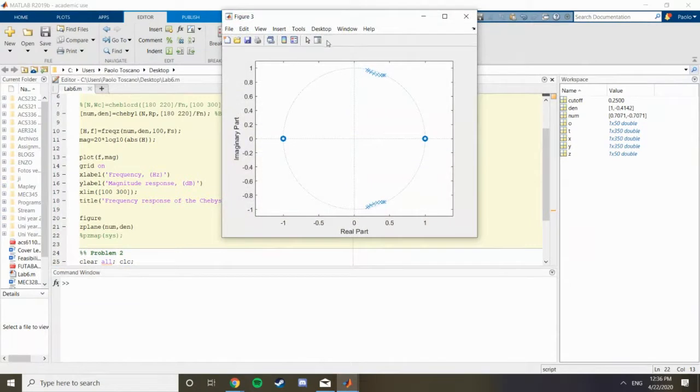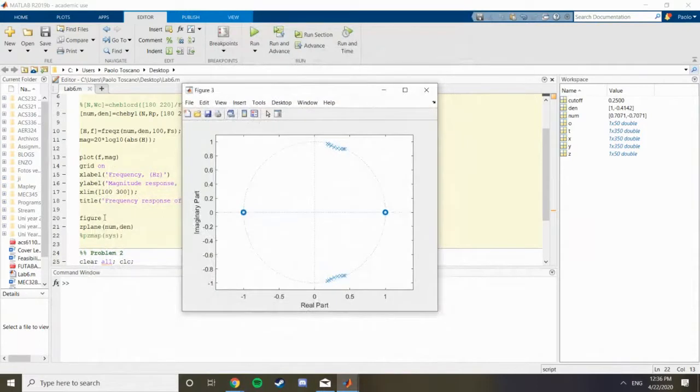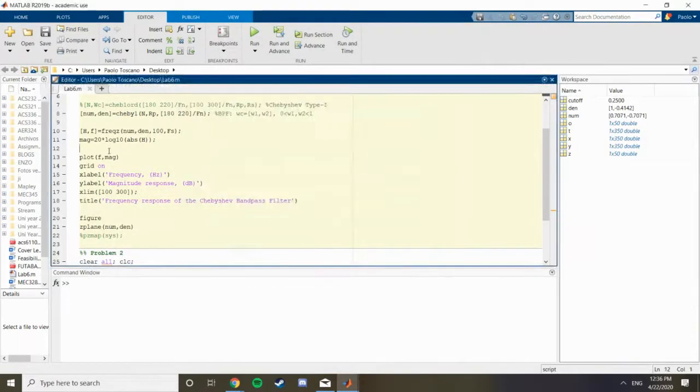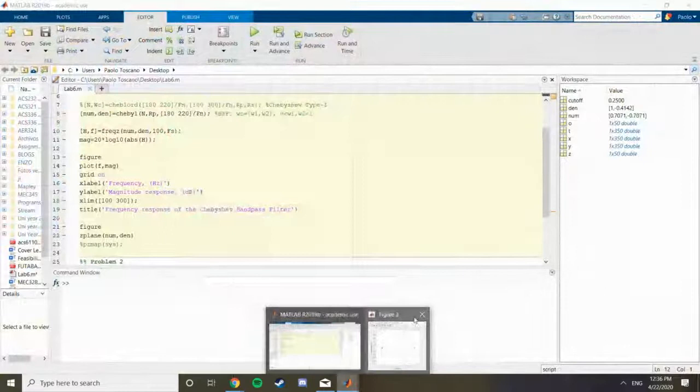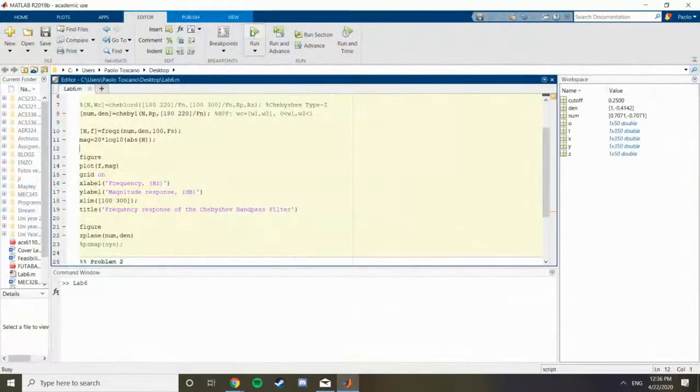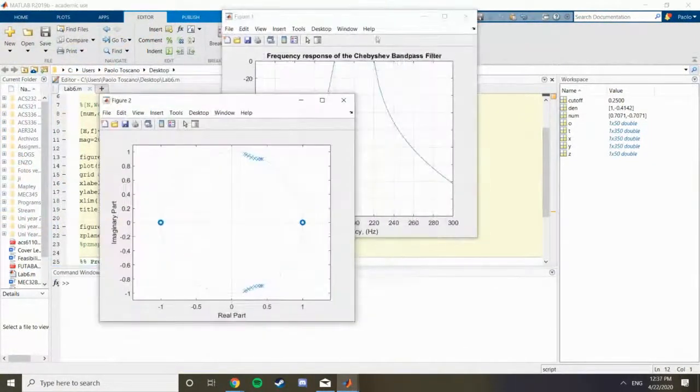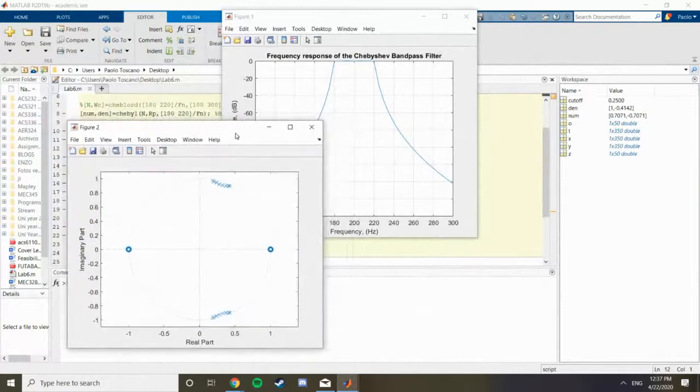In this filter, in the range of 180 to 220 hertz, we have a lot of poles, and these poles keep the frequency response being one in the passband. So I asked you to plot zeros and poles to better understand how putting zeros and poles in different locations of the z-plane leads us to the filter that we are hoping to have.